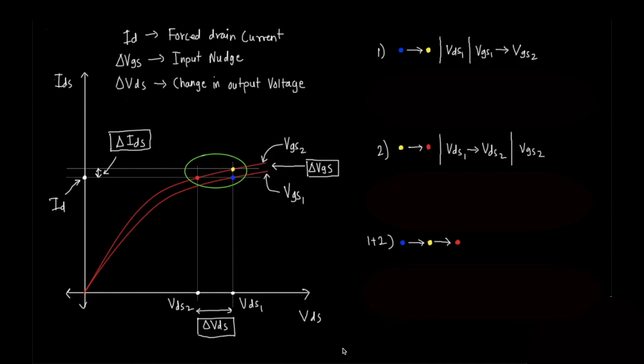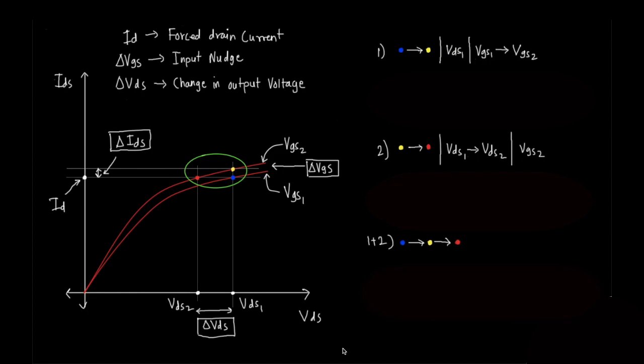The blue point marks the value of VGS, VDS and IDS before VGS changes. Now as we change VGS, the plot will shift from the bottom one to the top one. Eventually, the red point will become the new steady state condition from the blue point. You can see that the red point has the same IDS current as the blue point and now it corresponds to a different VGS trace. So everything is correct.